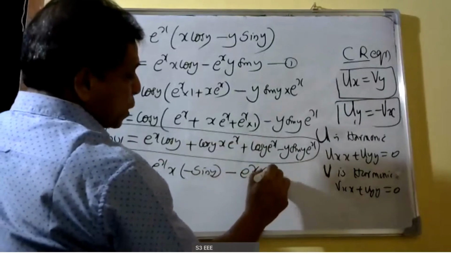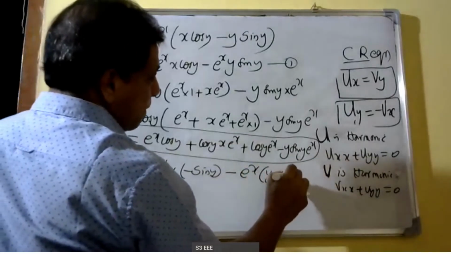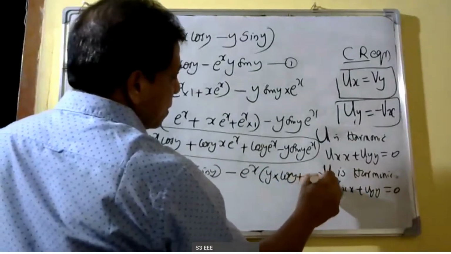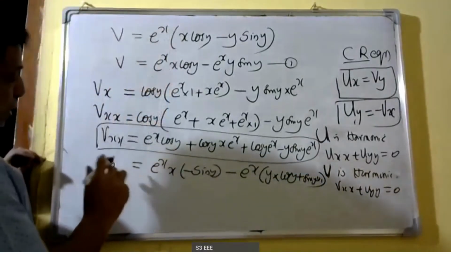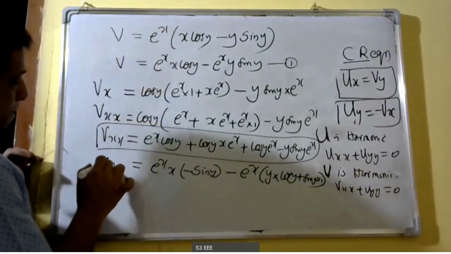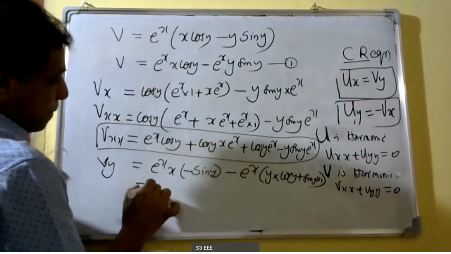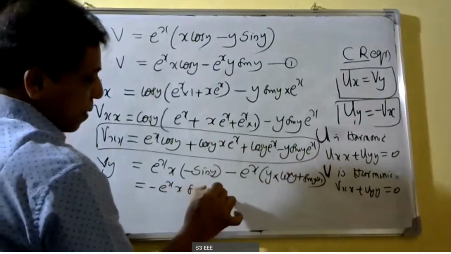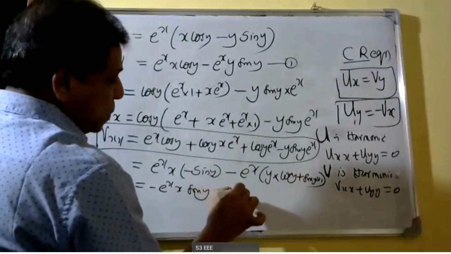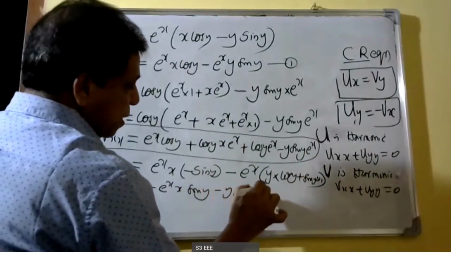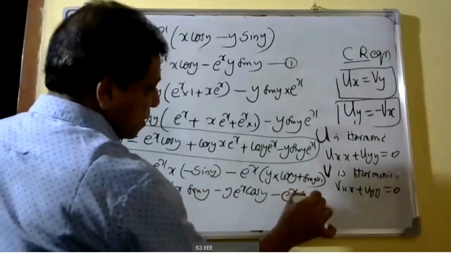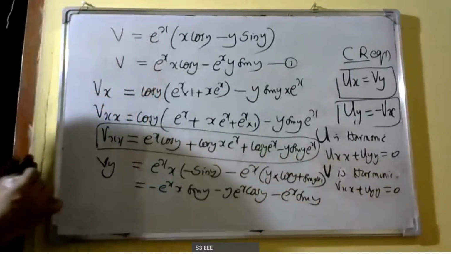Y sin y, apply the product rule: y into cos y plus sin y into 1. Therefore, minus e raised to x into x sin y minus y into e raised to x cos y minus e raised to x into sin y. This is known as Vy.